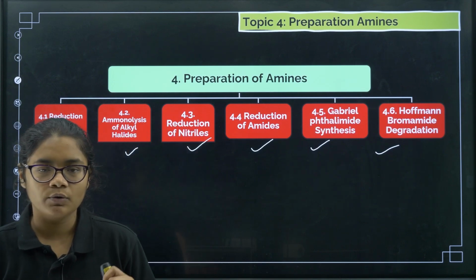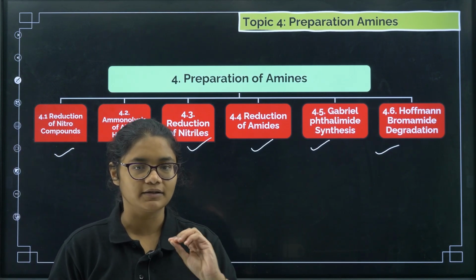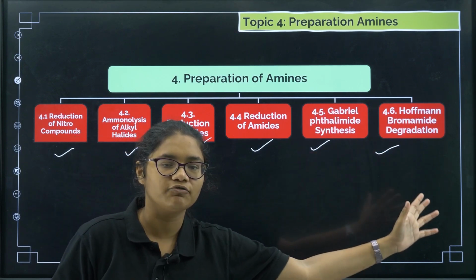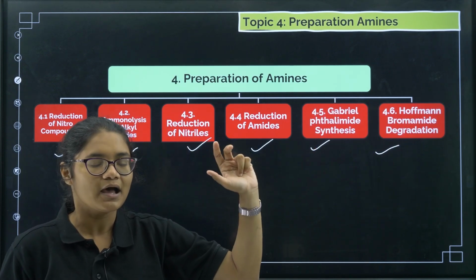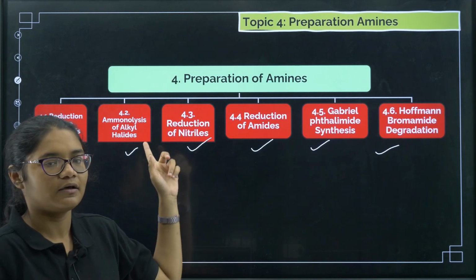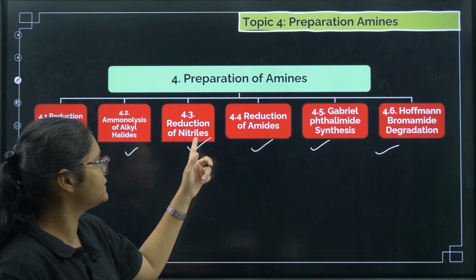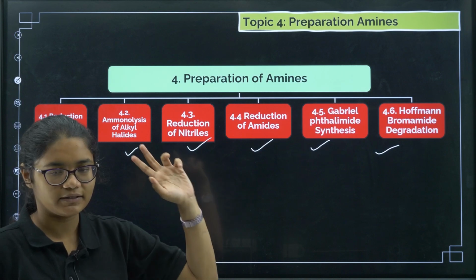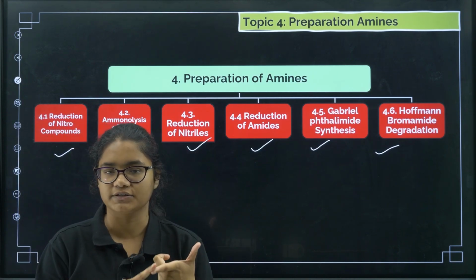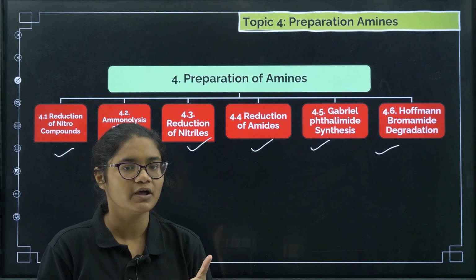Okay, so how to remember these 6 methods? 2 are name reactions, we can easily remember: Gabriel phthalimide and Hoffmann bromamide degradation. Next 3 are only reductions: reduction of nitro compounds, reduction of nitriles, and reduction of amides.